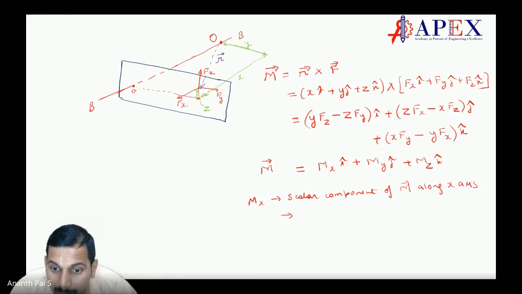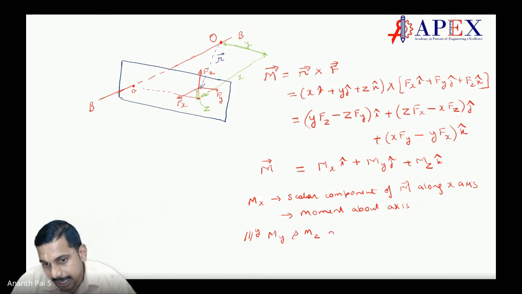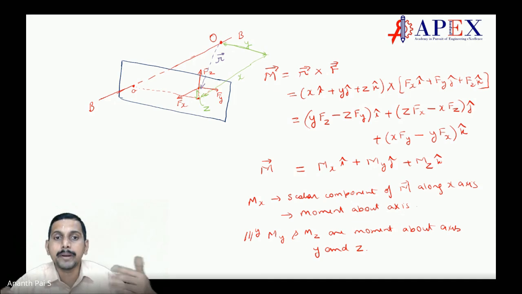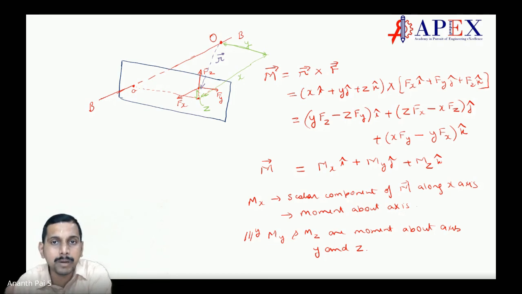This is moment about axis. Very important. Similarly, My and Mz are moments about axes y and z. Makes sense? So moment about axis is nothing but the component of a moment vector along that axis.